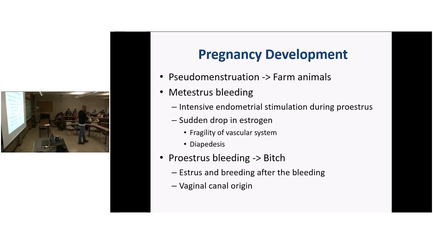In the case, for example, of bovine, once you have that initial attachment, let's say 20-something days, you're going to have a differentiation of certain cells here, and these cells produce a few different molecules.